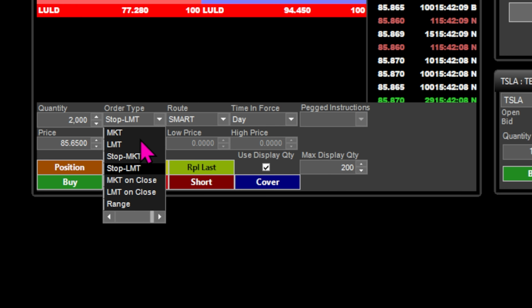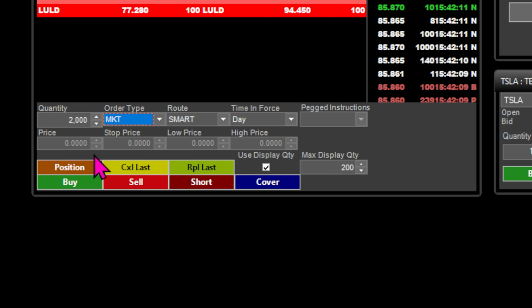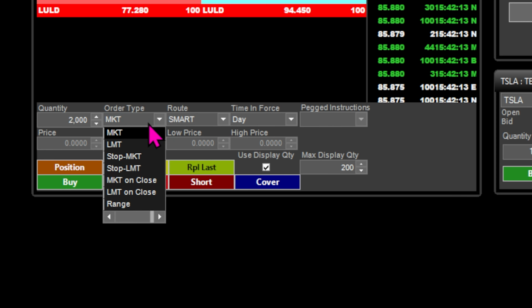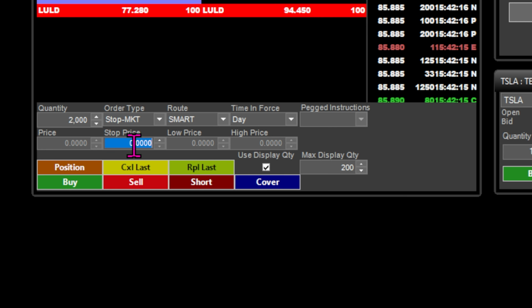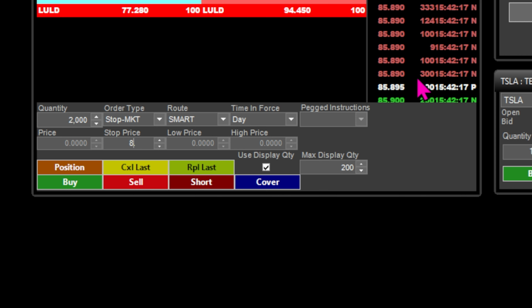So that's why a stop market order is usually the best choice when you're trying to stay out. If I want to put that at 85.70, when I do that stop market order, it would put that position out there so that as soon as it sees 85.70 or below on the tape, it will execute a market order to get me out of my position, or out of the number of shares that I put.